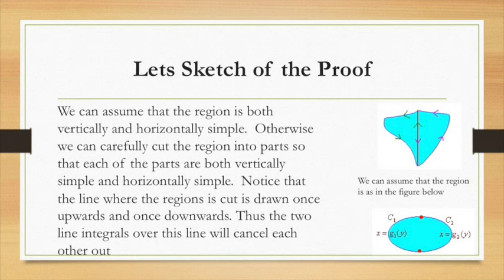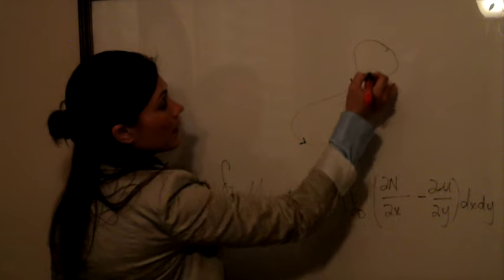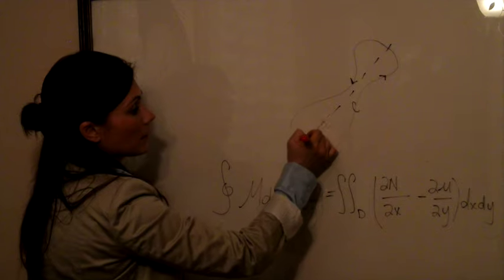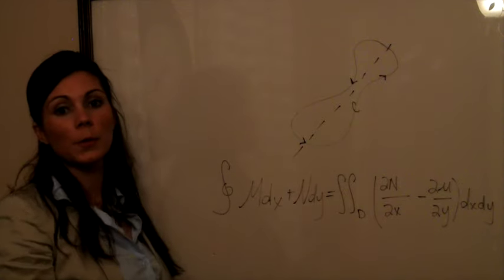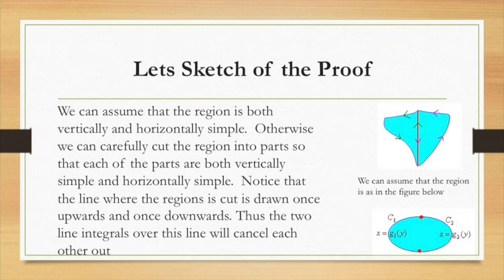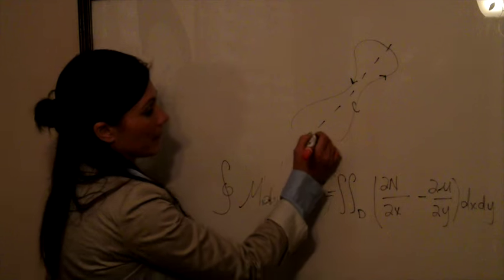We can assume that the region is both vertically and horizontally simple. Otherwise, we can carefully cut the region into parts so that each of the parts is both vertically simple and horizontally simple. So here, if this wasn't simple, we would be able to cut it to where it was both vertically simple and horizontally simple. Notice that the lines where the region is cut are traversed once downward and once upward.